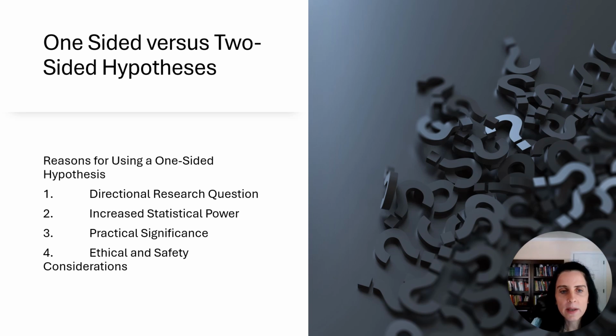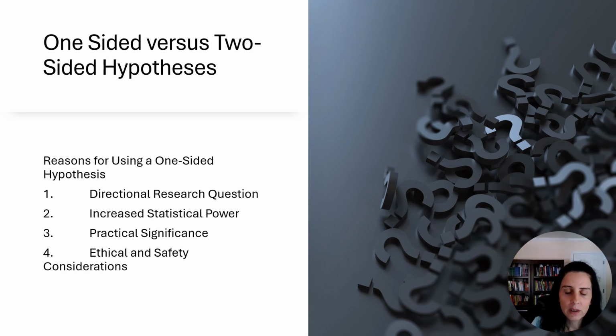Moreover, one-sided tests have more statistical power than two-sided tests when the effect is in the predicted direction. This means that a one-sided test is more likely to detect a true effect when it exists because the critical region for the rejection of the null hypothesis is all in one tail of the distribution. Sometimes only effects in one direction are practically significant or relevant. For instance, a school might only be interested in whether a new program increases student performance.